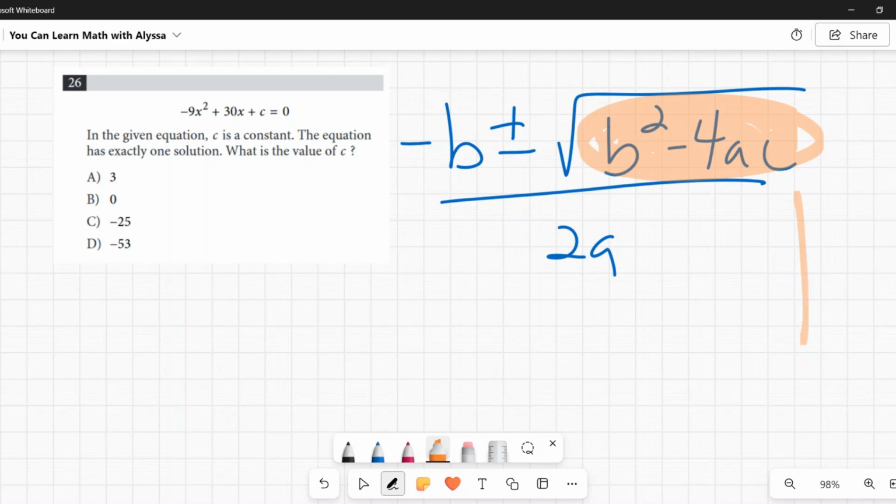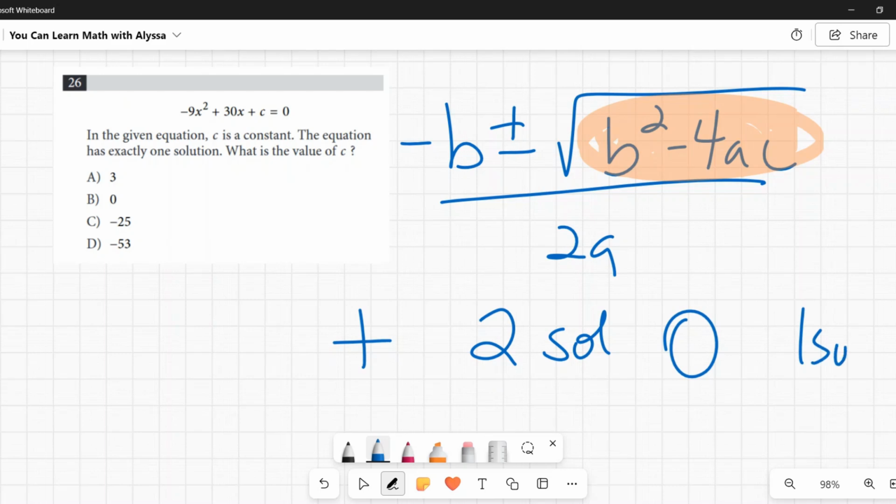So again, this bit under the square root is what determines how many solutions there are. If b squared minus 4ac is a positive number, then the quadratic has two solutions. If it is 0, it has one solution.